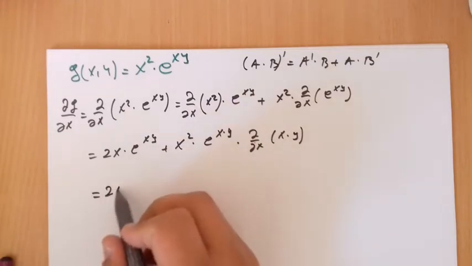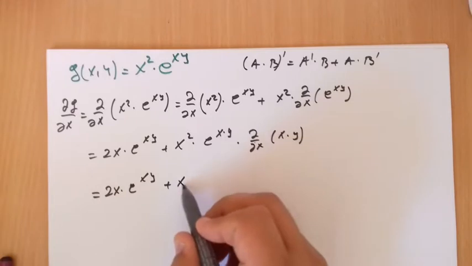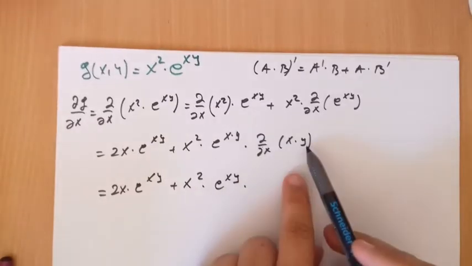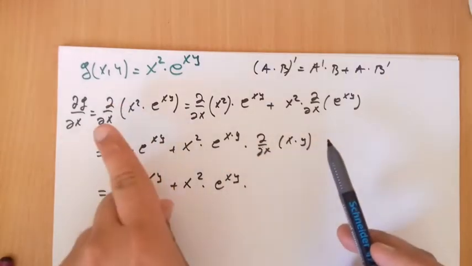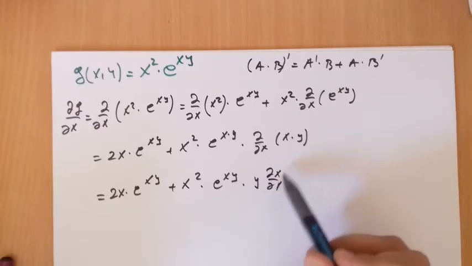Now 2x times e to the xy plus x squared times e to the xy times, y is a constant, so y partial of x, which is 1.